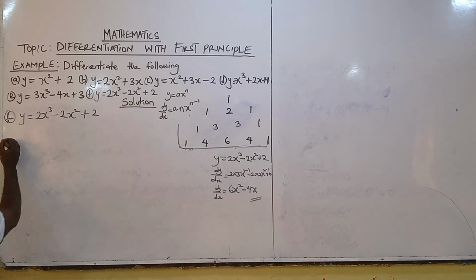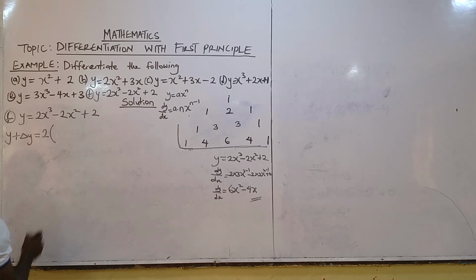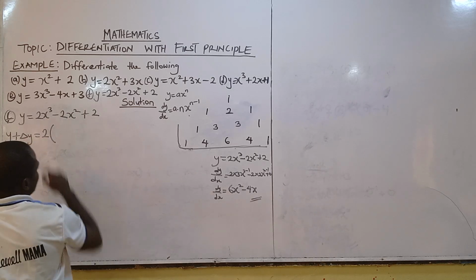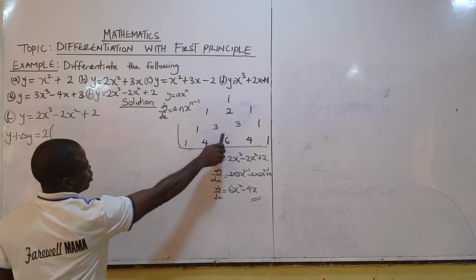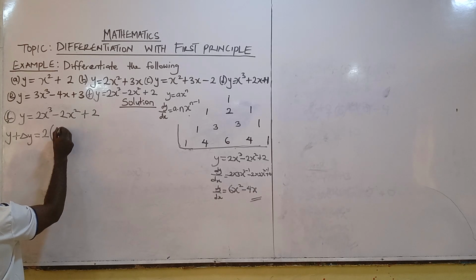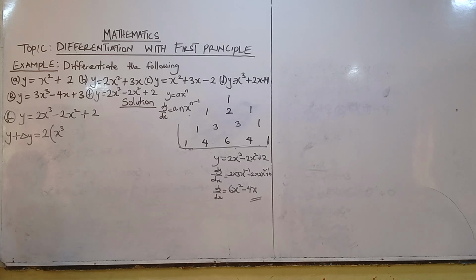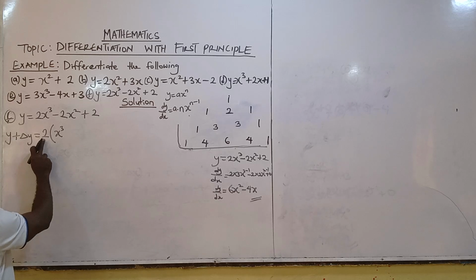Now let's go ahead with first principle. y plus dy equals 2, open bracket. Since it's having cube, we're picking the third line, starting with x cubed. Don't forget that 2 is common to it, that's why I brought 2 outside.